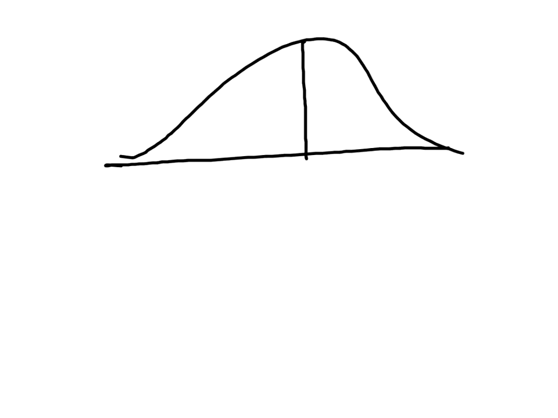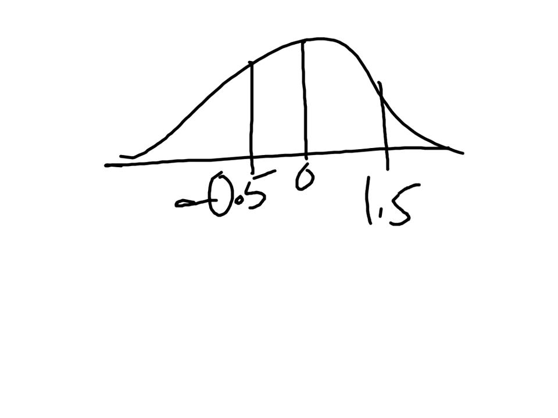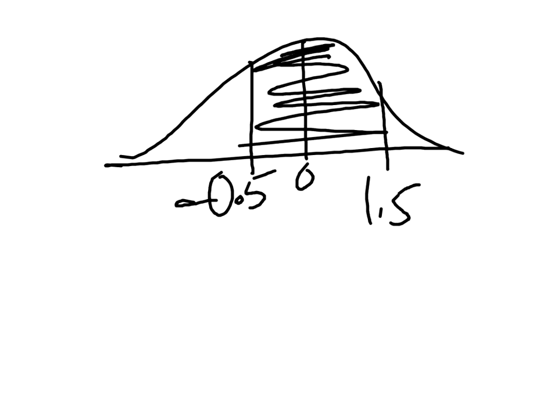Got everything turned into Z values. My drawing hasn't gotten any better, but it doesn't have to, because it's just a little representation of what's happening. We want the area between a Z of 1.5 and negative 0.5.